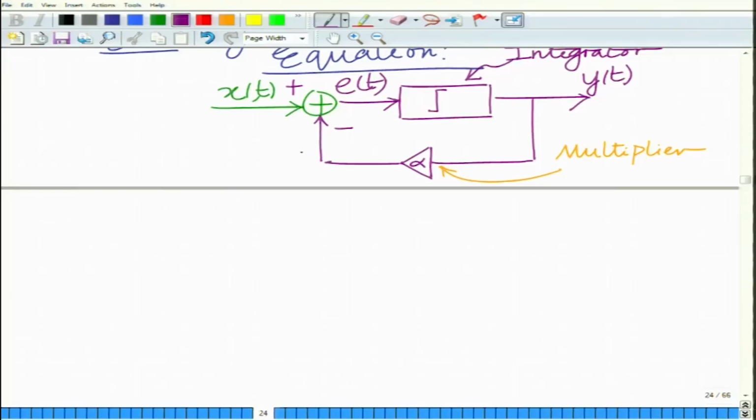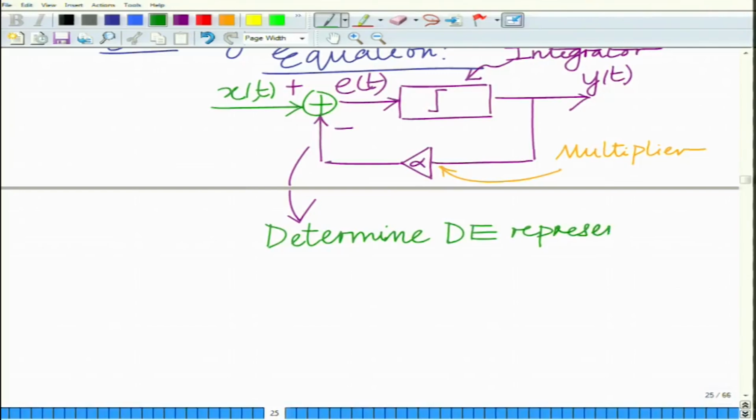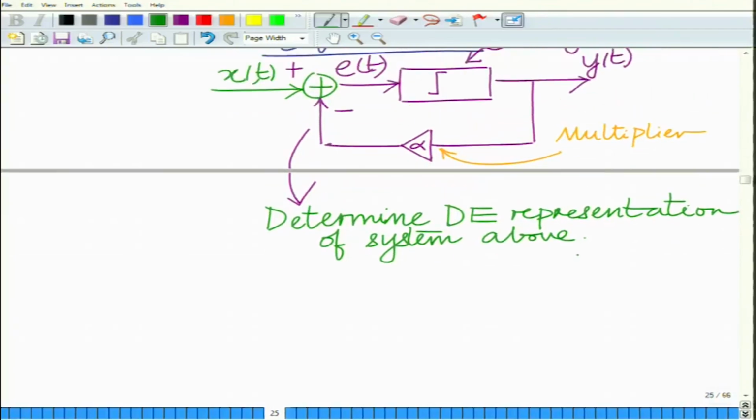So, we have to determine the differential equation representation of the system above, and you can see we have basically x t minus alpha times y t equals E t. Okay, so we have that.